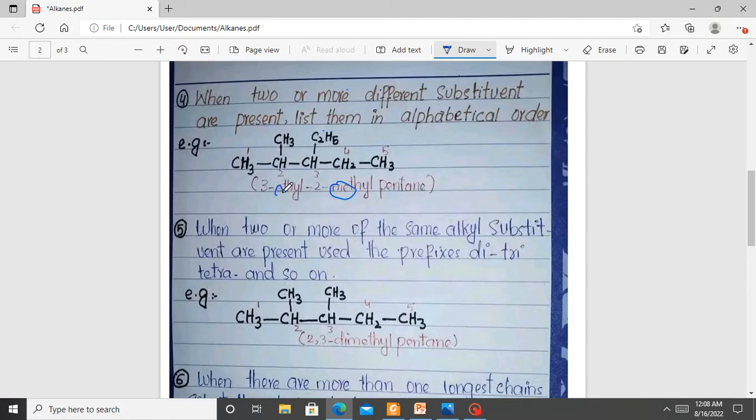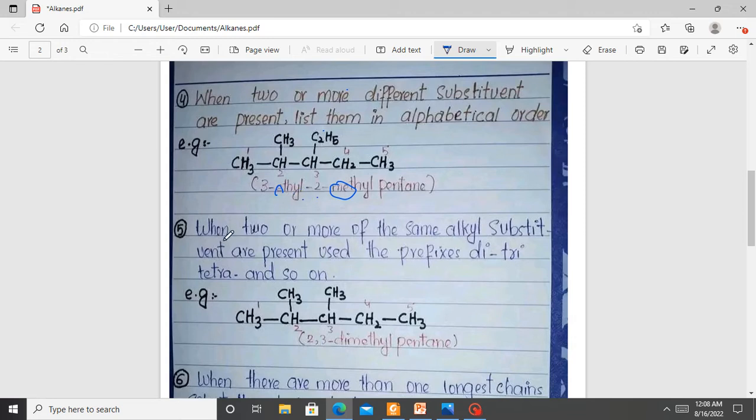So 3-ethyl-2-methylpentane. Bear in mind, numbers and letters are separated by hyphens, but numbers and numbers are separated by commas. So take that into consideration. With two different substituents present, we name them in alphabetical order.